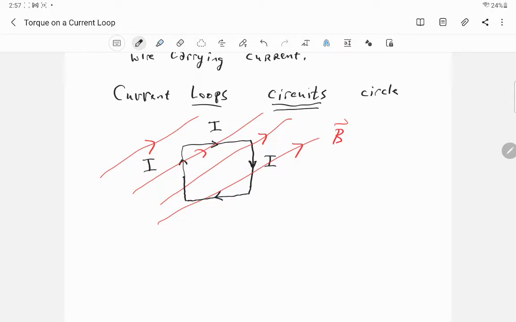So all those details are still there. I'm just going to concentrate on the loop. And I could have the length of side 1 over here. I'm imagining this to be a rectangle. This is the length of side 2, and the length of side 3, and the length of side 4.